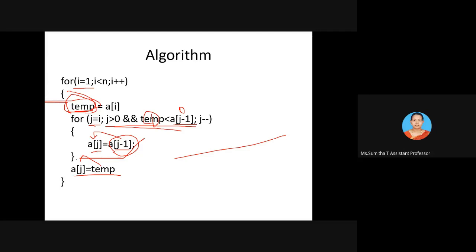The temp, ma'am, we are declaring inside a for loop. Yes, but we are replacing the temp only, right? We are not storing temp 1, temp 2, not like that. We are just having one space. In that only we are storing one value and replacing it with another value. So there is no need of more storage.